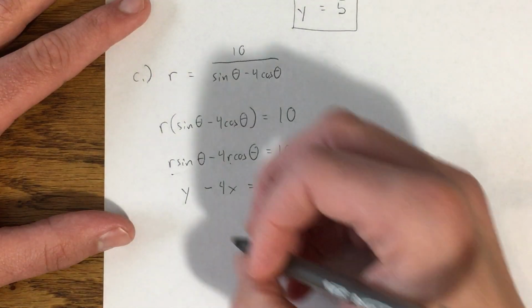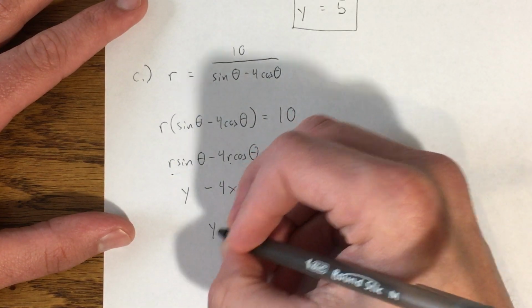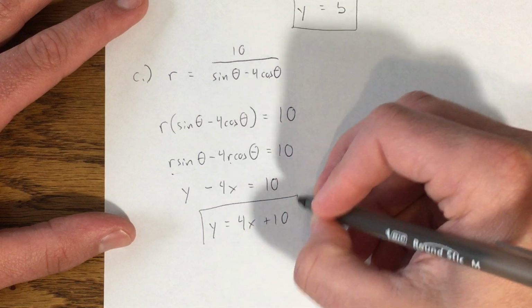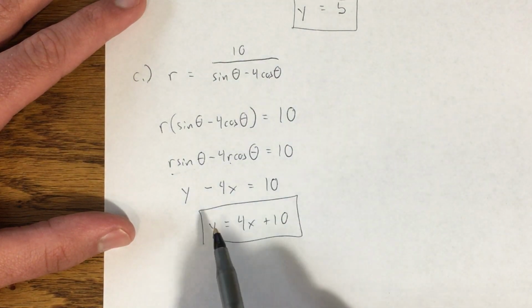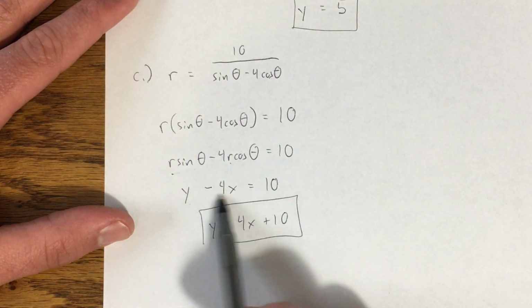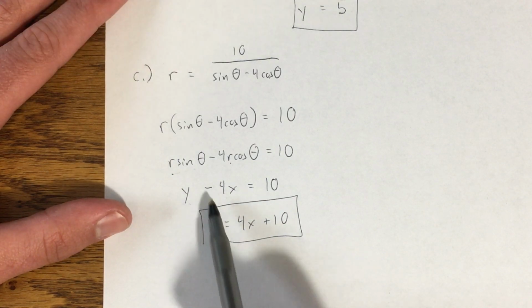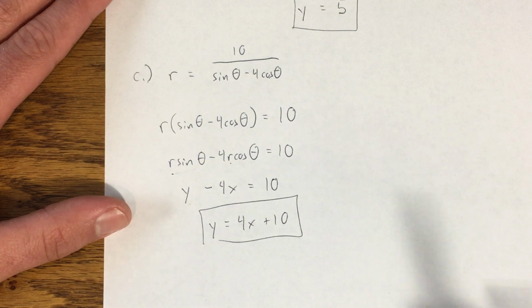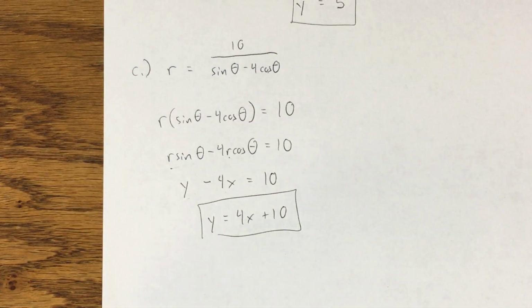Or if we want to put that in slope-intercept form, y equals 4x plus 10. I actually could have left it in this form. That's the standard form for the equation of a line. Nothing wrong with leaving it in that form right there, but that's what we were expecting to see, a line. Okay, so that's going to be it for 10.3.